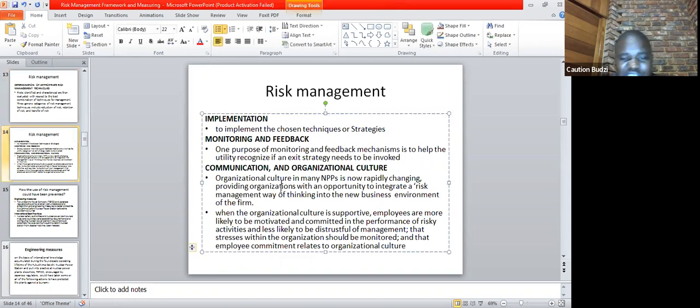So after taking into account the different strategies, the next issue was implementation, because a strategy would not work if it's not implemented. So they were supposed to implement different strategies to manage these risks.